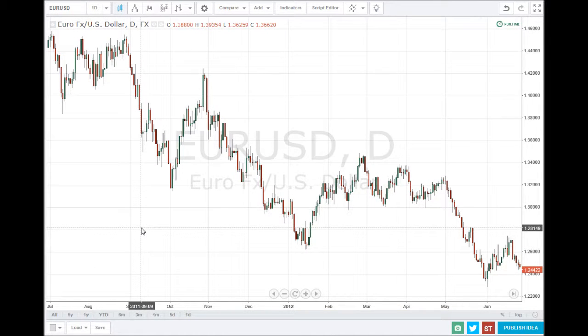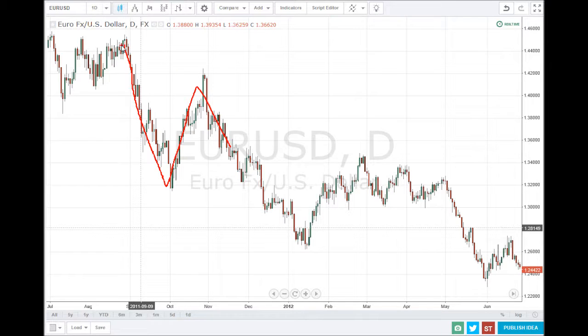Price is clearly downtrending on this daily chart. We have a push on the downside and then this retracement, and we start going for another push.